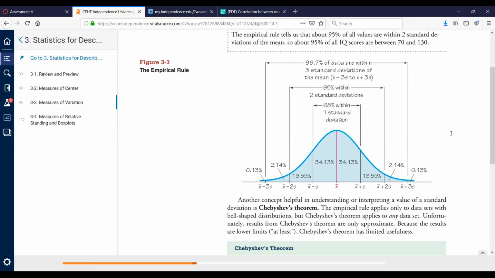So you'd go in, let's just say we've looked at the height of high school freshmen. If we could survey every high school freshman in the country, we would come up with a normal distribution.